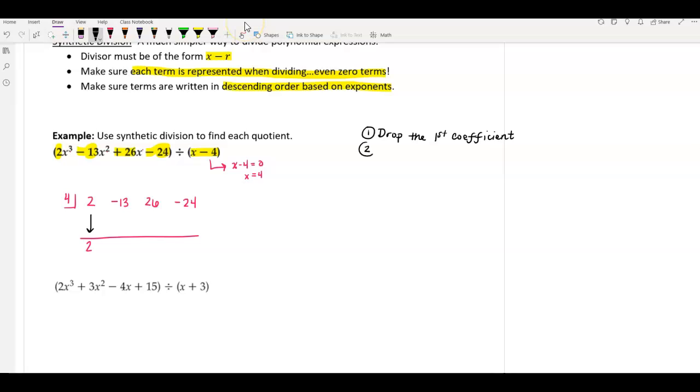Second, you're going to multiply your r term by the first coefficient, and then place the product underneath the second coefficient.